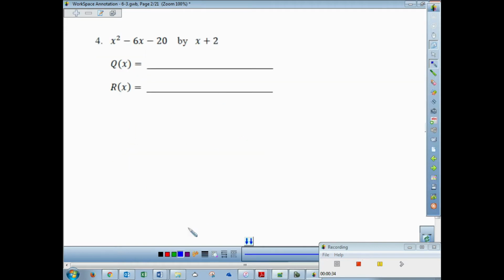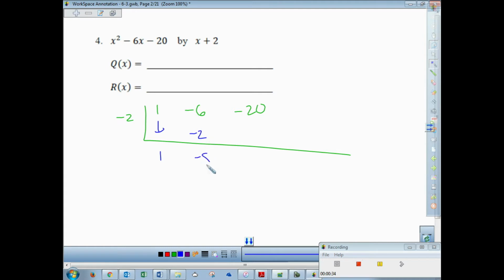What should we synthetically divide by? Negative 2. And then this is a quadratic, so you'll get your squared, your first power, and your constant. If that's a second degree, there better be 3 dudes in there, which there are. So we bring the first guy down, multiply, multiply, and in this case, you get a remainder of negative 4.